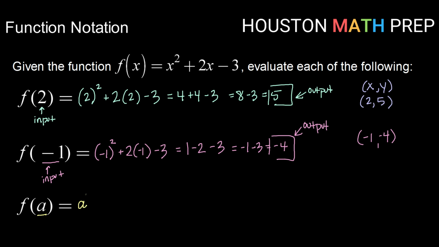So that would give me a squared plus 2 times a minus 3. Here, I don't have anything to simplify or evaluate, so this is my output. A squared plus 2a minus 3.